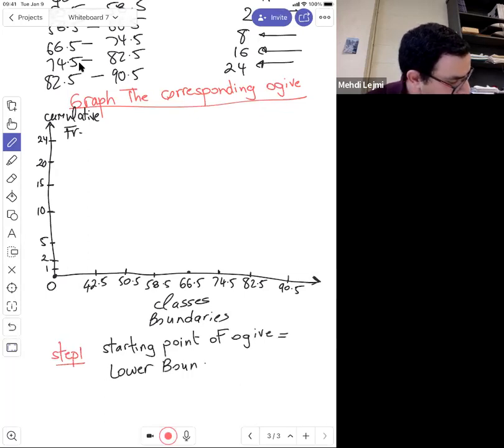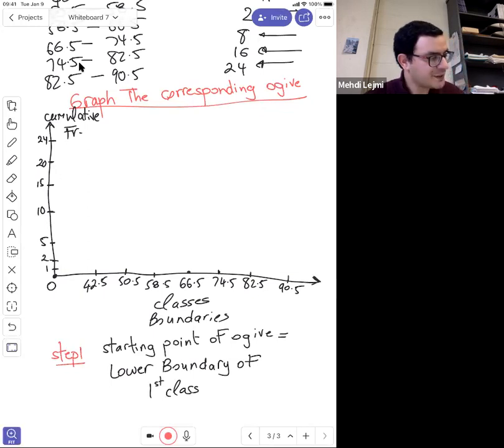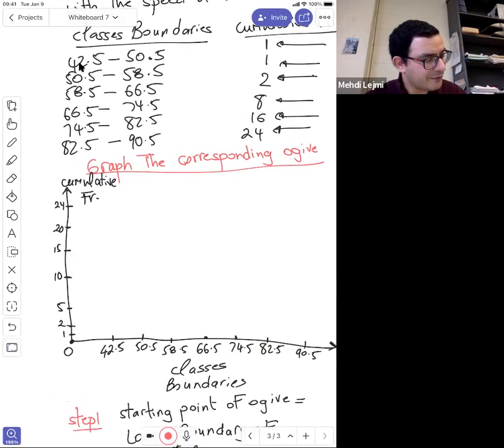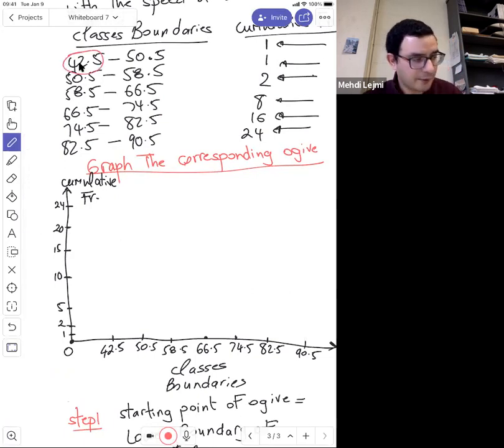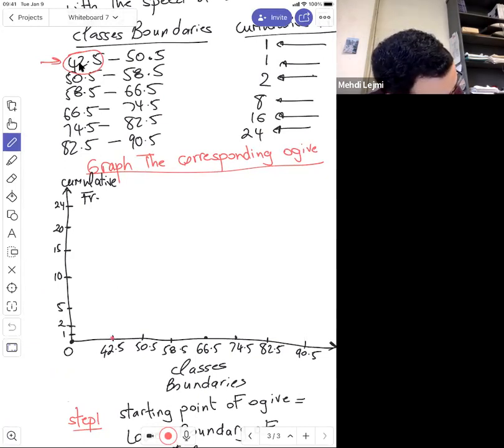In this example, the lower boundary of the first class is 42.5, right? So here's my 42.5. You start your ogive here, the first point is at 42.5. That's where we start.